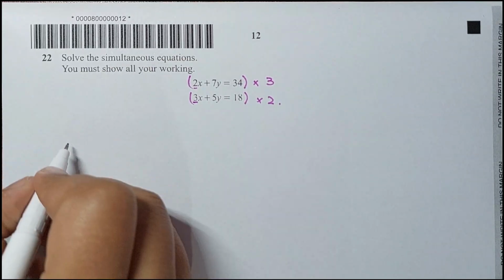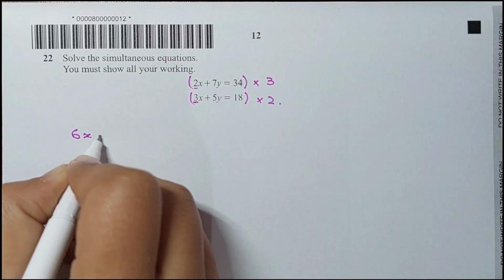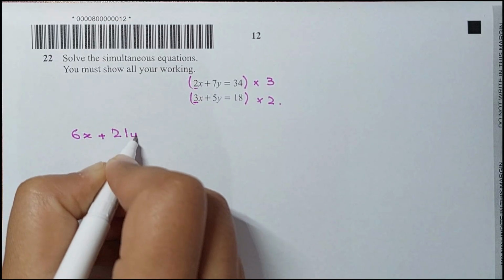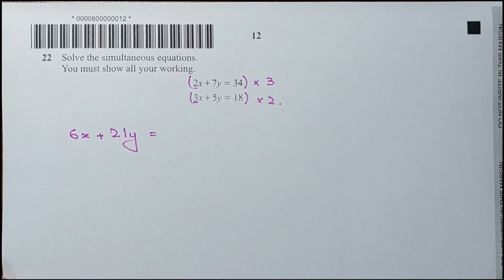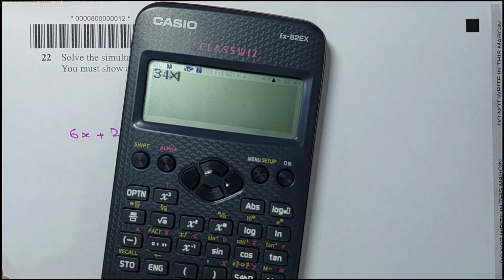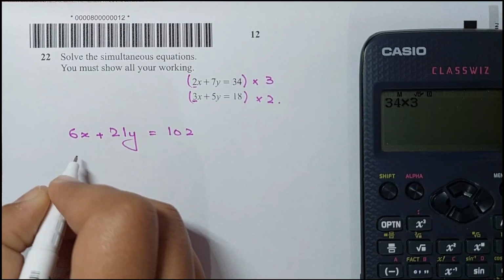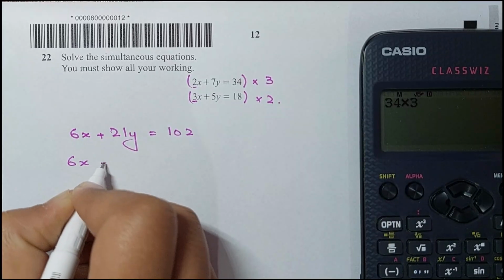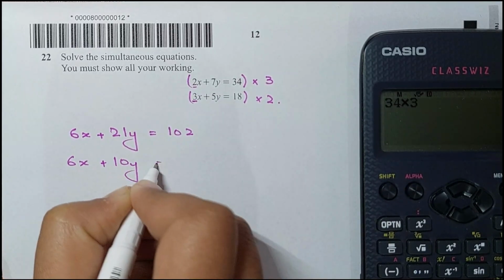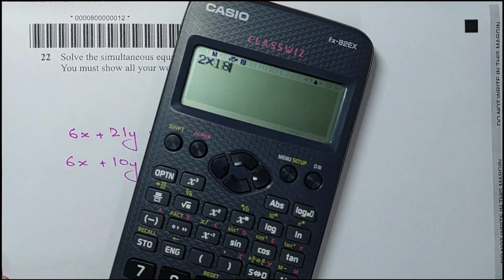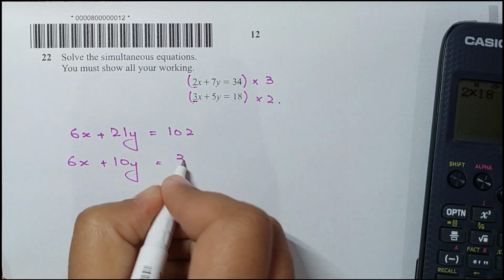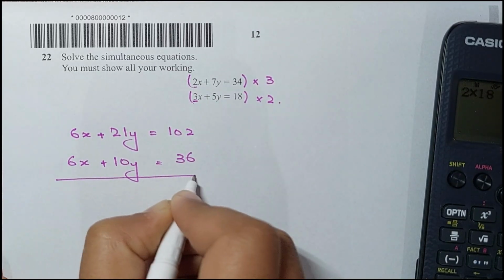Right, 2 times 3 would be 6x, and 7 times 3 is 21y equals 34 times 3, which is 102. 2 times 3 would be 6x, and 5 times 2 is 10y, and 2 times 18 is 36. Now let me subtract the two equations.